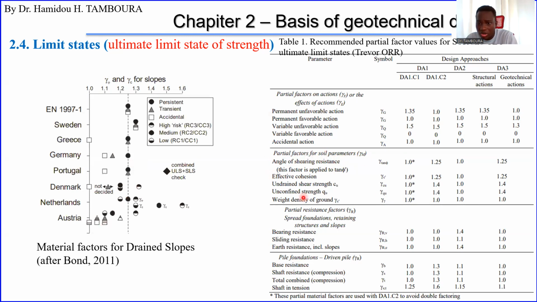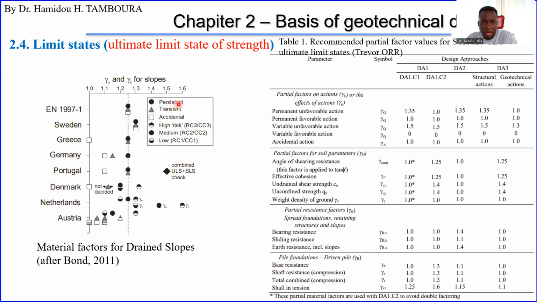Soil parameter, only this one. So in case the slope is drained, we have this line as the partial factor proposed by Eurocode.